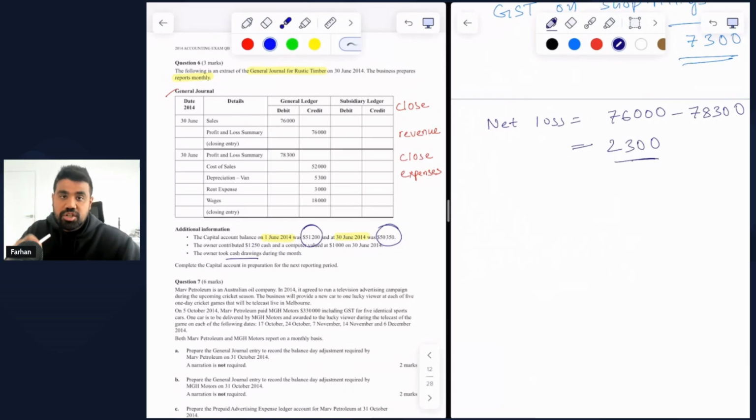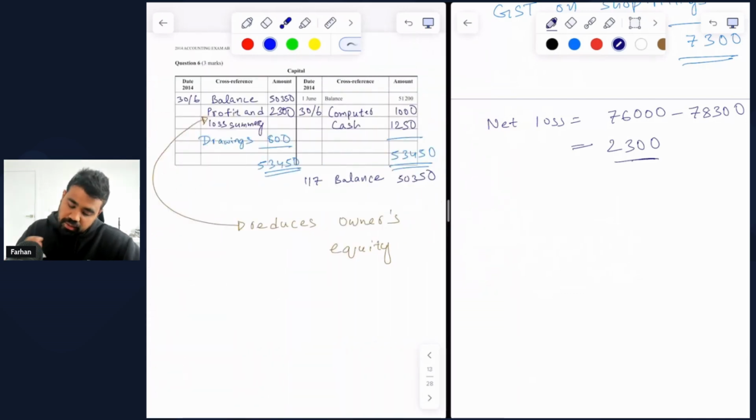So we got cash of $1,250 that we injected into the business, and then we also contributed a computer that's worth $1,000. And this too refers to additional capital contributions, which is increasing the balance of the capital account and is therefore included on the credit side separately as computer and cash, 1,000 and 1,250 respectively.